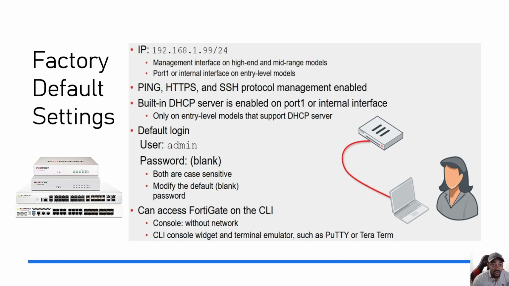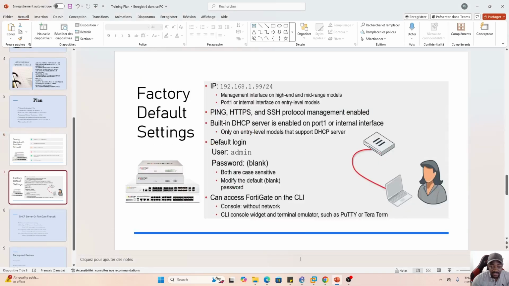Also, on your firewall by default, management protocols are enabled, for example ping. So when you have your first firewall, you can already launch ping requests, HTTPS and SSH requests on your firewall. So let's jump into our GNS3 lab and do some practicals.